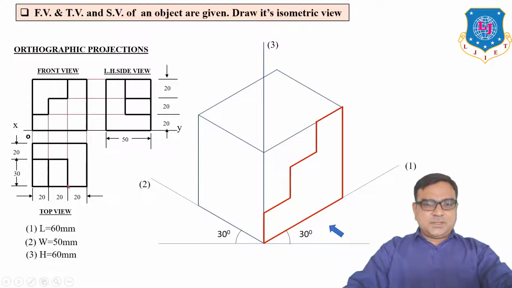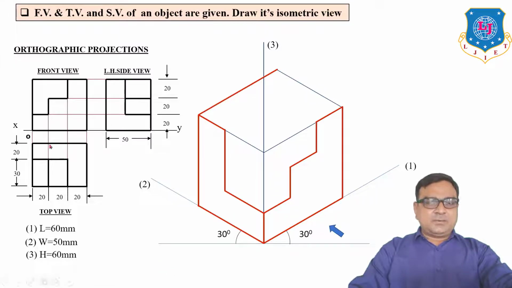Now observe the left hand side view, in which this horizontal line is width, this vertical line is height, parallel to line number 3, this horizontal line is parallel to line number 2, this vertical line is parallel to line number 3, and this line is parallel to line number 2.